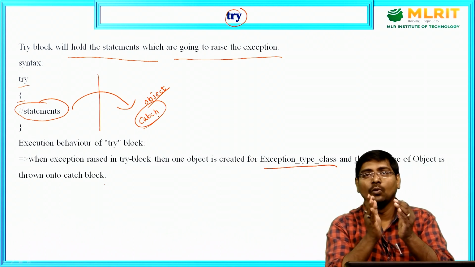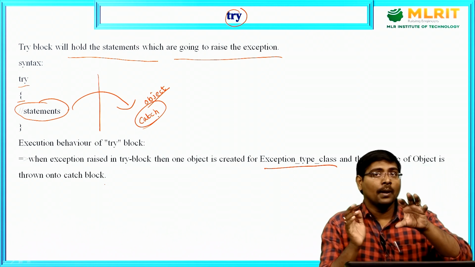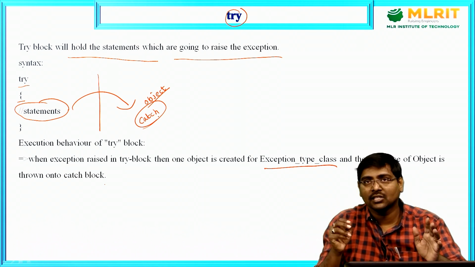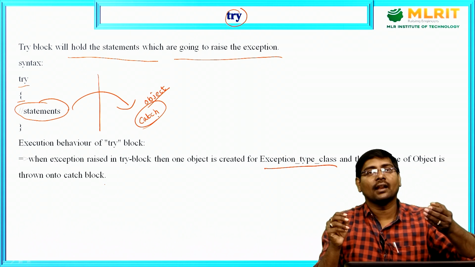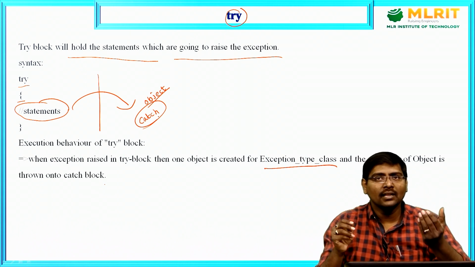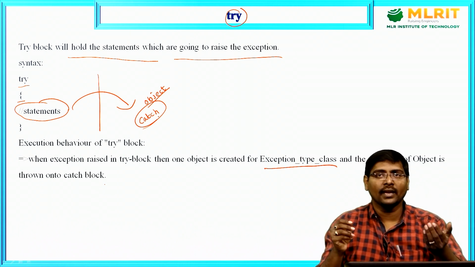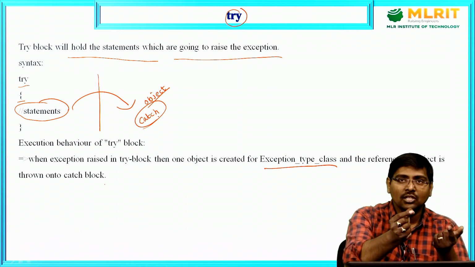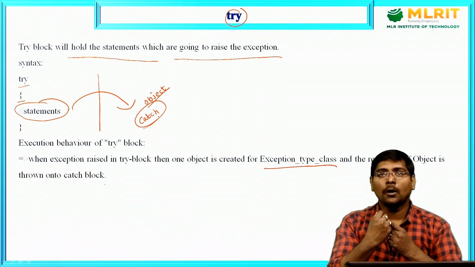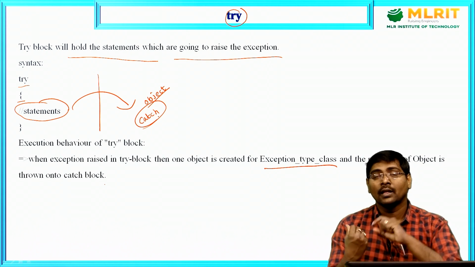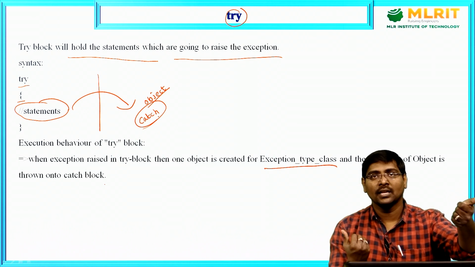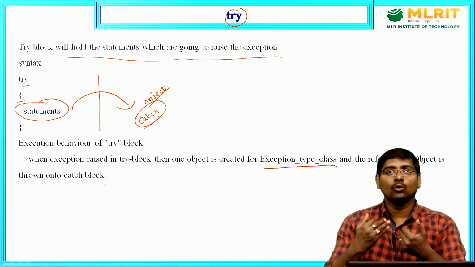Now these two form a pair. Remember, inside the try block, you are not handling the exception. Inside the try block, you are writing the statements that may generate exception. Suppose an exception is generated, the object is created suitable for the particular class and is thrown to the catch block.